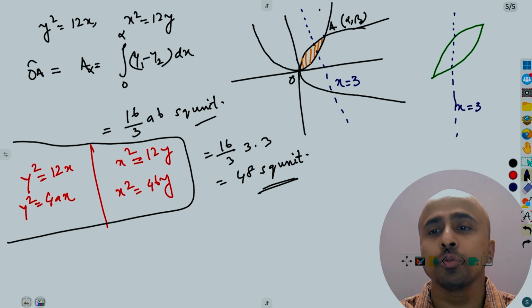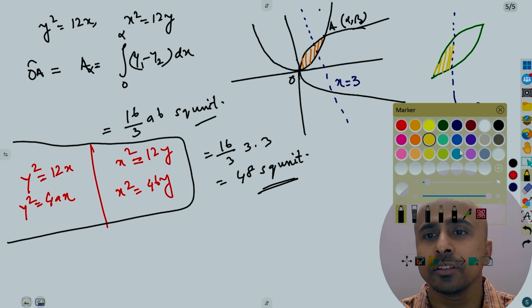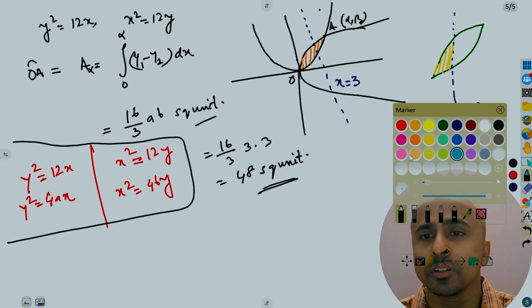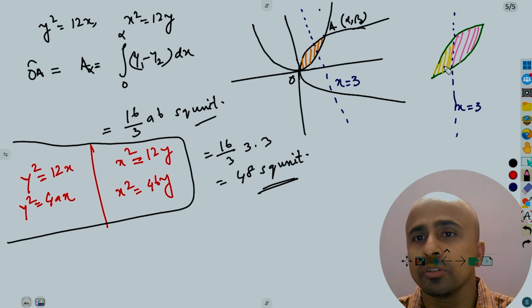Let's say this is the yellow region, and let's say this is the pink region.